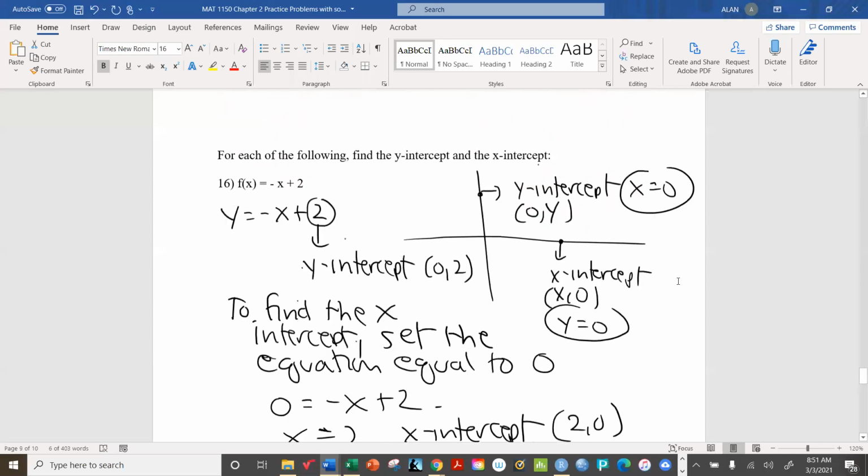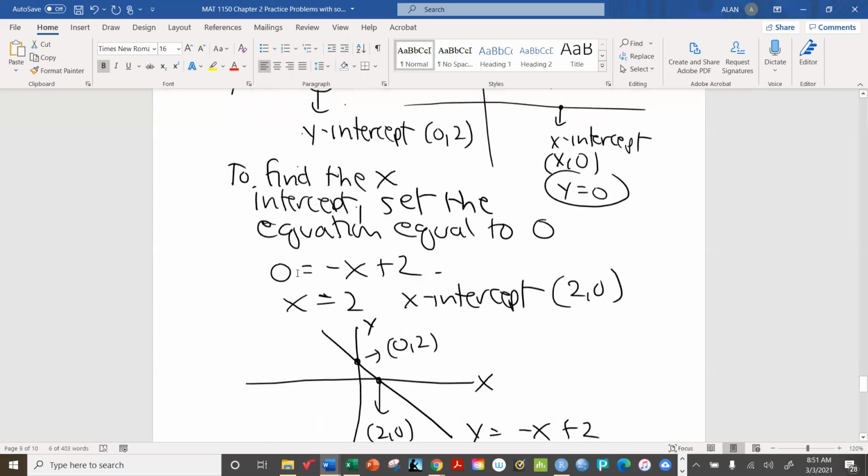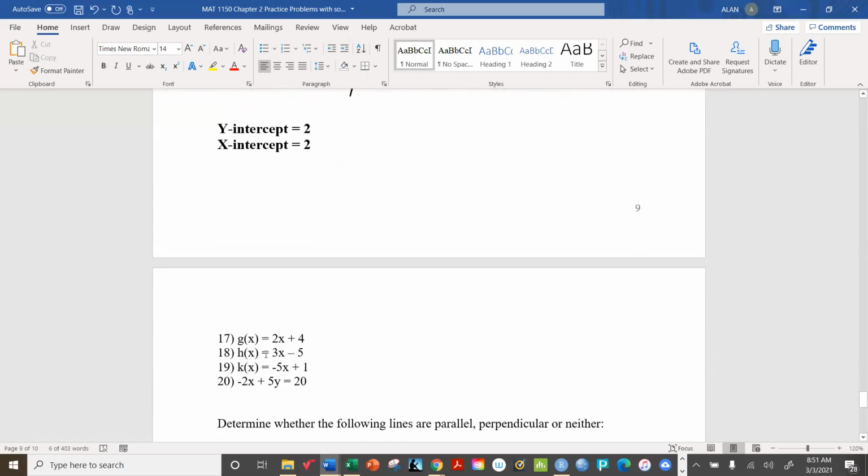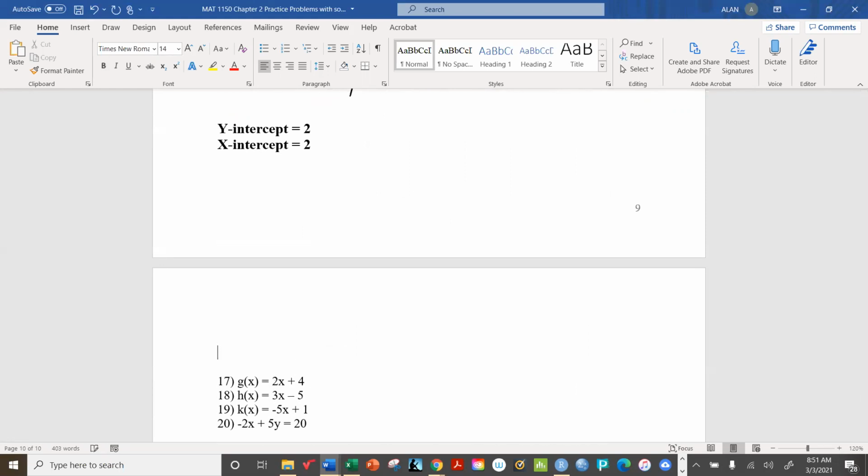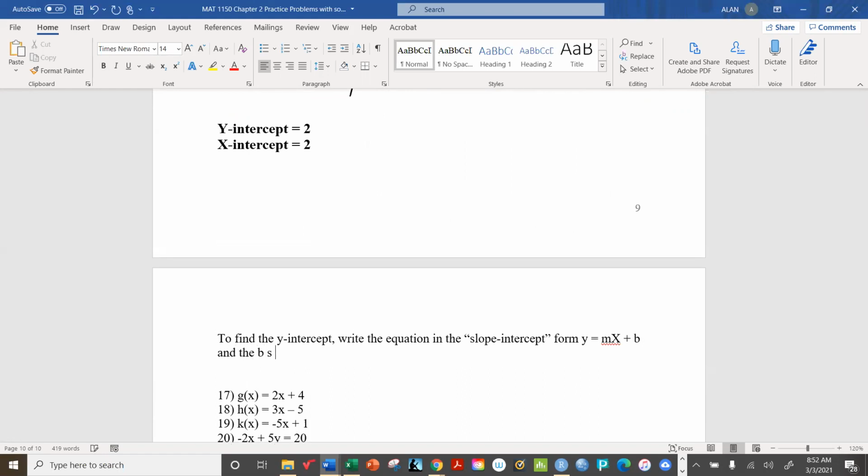All right, so it's pretty straightforward. I mean, again, it's a two-step process. Once again, let's go through this again. In order to find the y-intercept, write the equation in the slope intercept form, y equals mx plus b, and the b is your y-intercept.